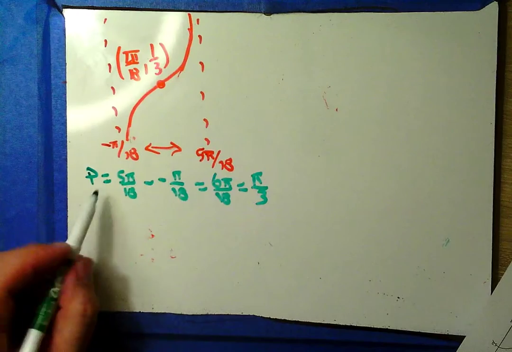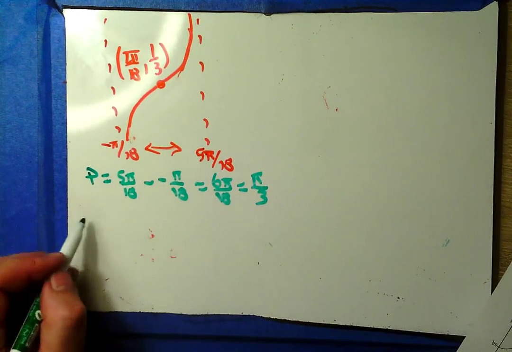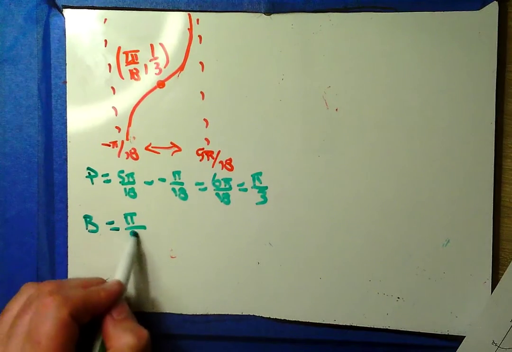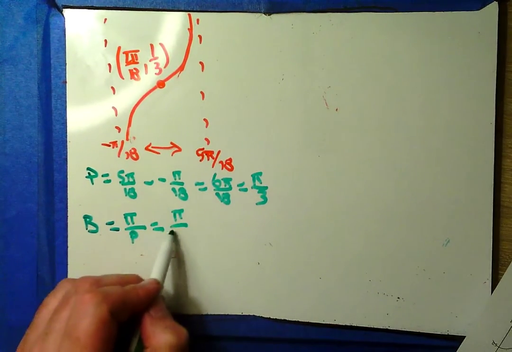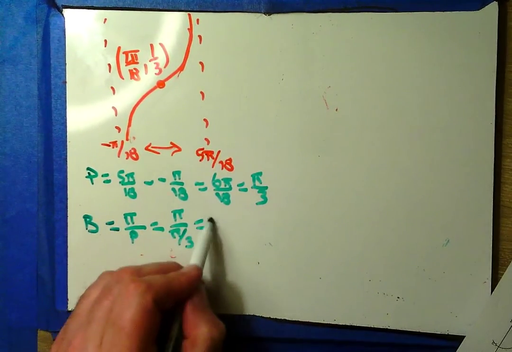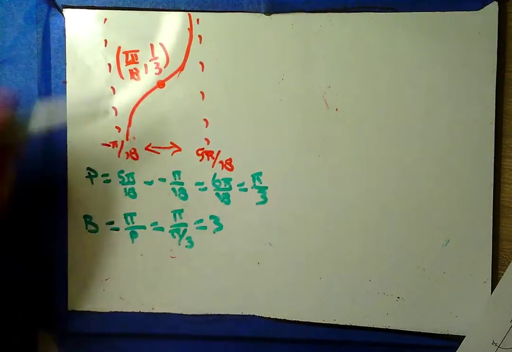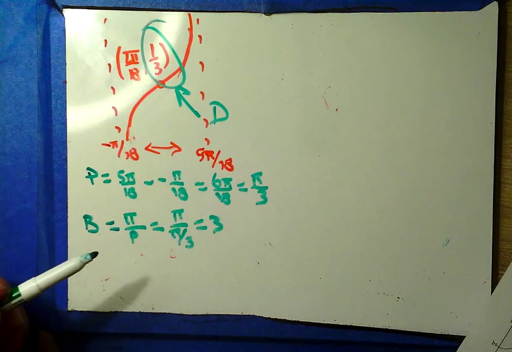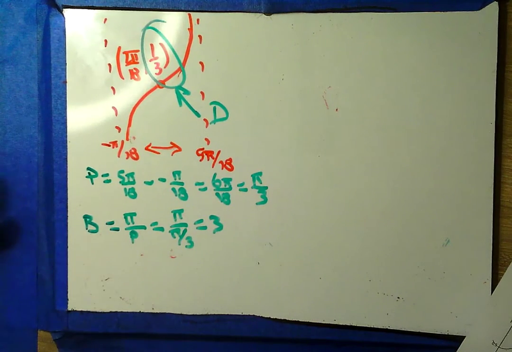And we know that this is tangent or cotangent, so our b value is pi over the period. So pi over pi over 3 gives me 3. This is our d value, how much we've shifted up. We don't worry about an a value going backwards with tangent or cotangent.